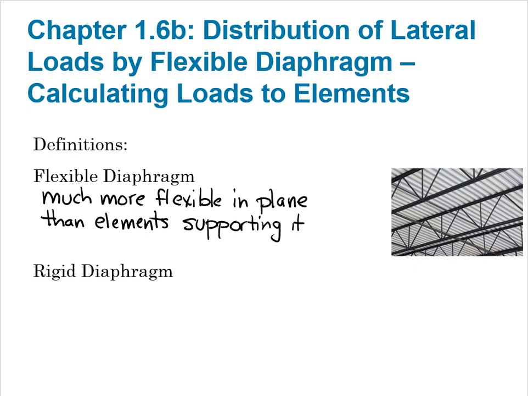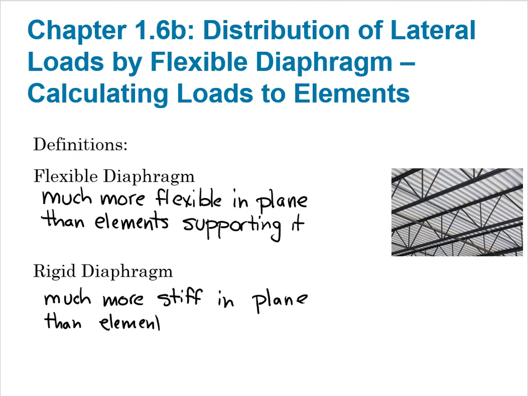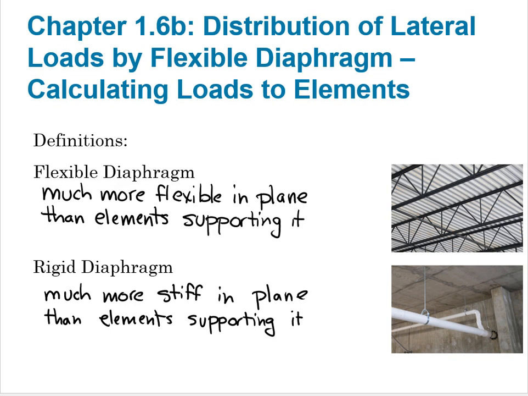Rigid diaphragms are much more stiff in plane than the lateral elements that support them. Cast-in-place concrete floors often behave this way, but again, it depends on the relative stiffnesses.